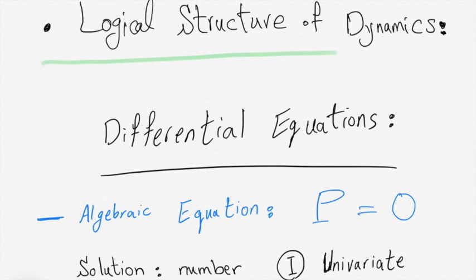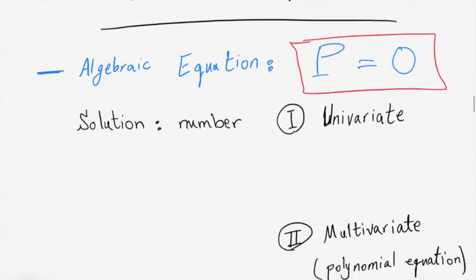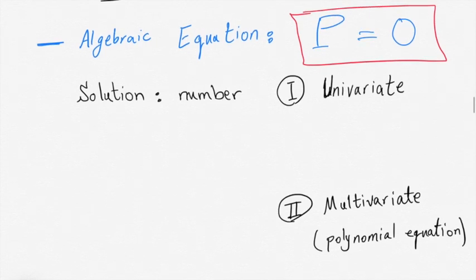But before going there, I'm just taking a quick overview of algebraic equations, which have a form like P equal to 0. In general, you can divide them into two parts: univariate and multivariate.